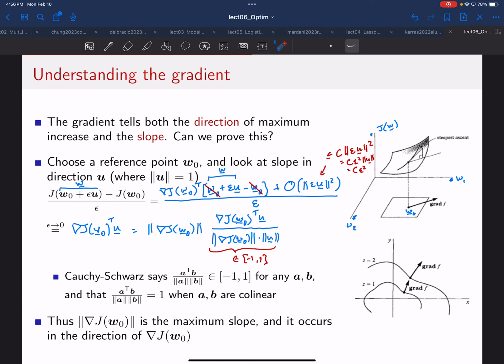So this says that, number 1, as long as u is pointing in the gradient direction, that is the steepest we can get. And number 2, that steepness is the norm of the gradient. So that's a proof. The gradient tells us the direction of maximum increase and the slope. Okay, so this is the maximum slope.